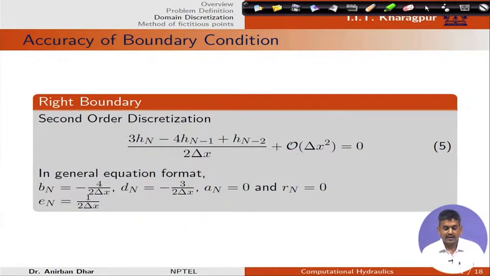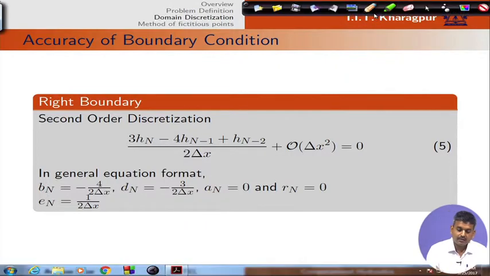If we use the second order discretization for the first order derivative, then we can write this for the right hand boundary with n, n minus 1 and n minus 2 points, and these are the coefficients.